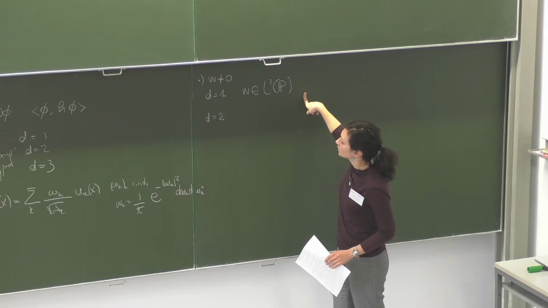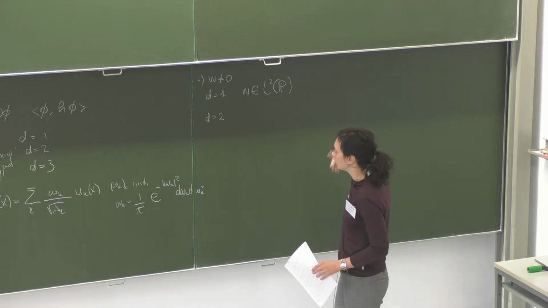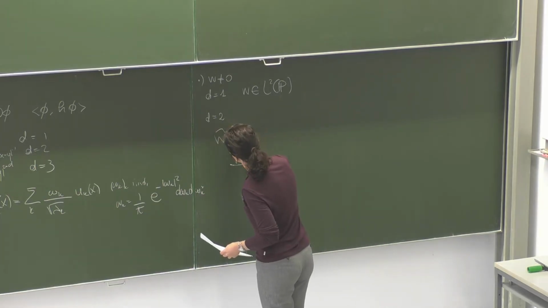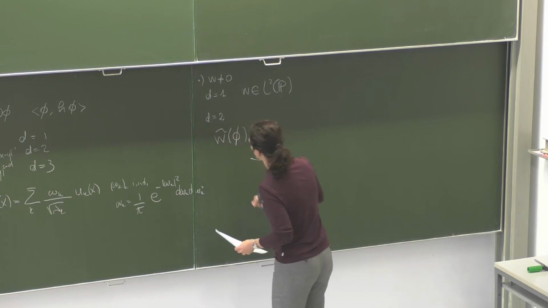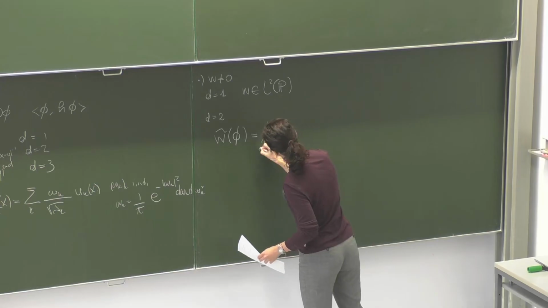And so one has to renormalize the interaction using a Wick renormalization. And so one defines another interaction.